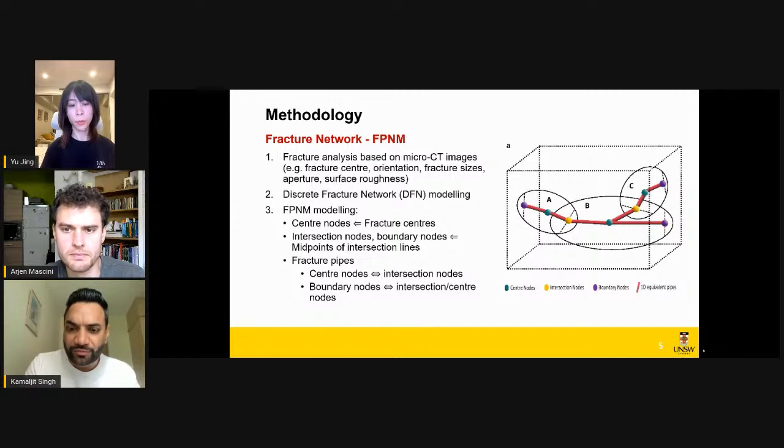Unlike the conventional pipe network, my pipe network is constructed based on fracture information that I measured from microCT images, including the fracture centers, orientations, size, aperture, and also the surface roughness of the fractures.